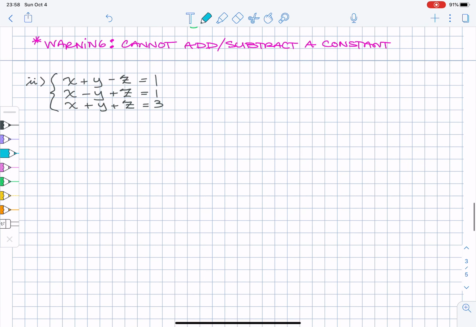Okay, so now this is a 3 by 3. The coefficients of x are 1, 1, and 1. Coefficients of y are 1, -1, and 1. Coefficients of z are -1, 1, and 1. Augment for the equal signs, then 1, 1, and 3 for my constants.